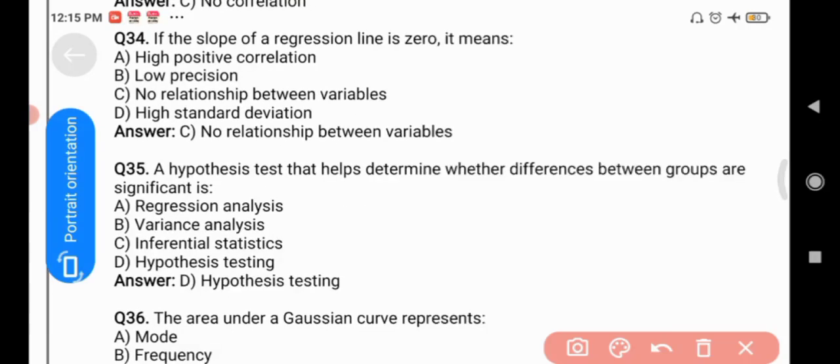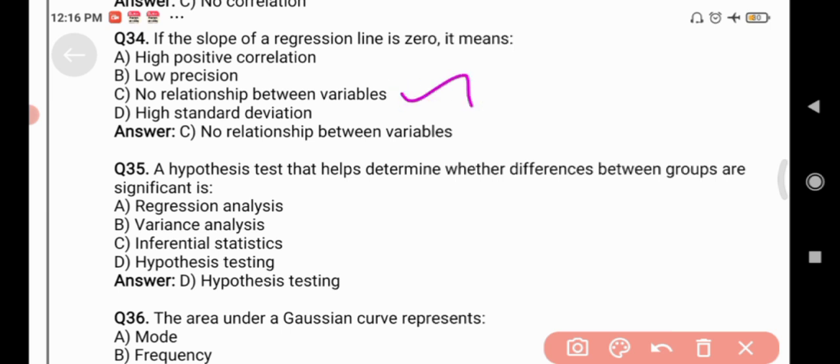If the slope of a regression line is 0, it means option C, no relationship between variables. A hypothesis test that helps determine whether differences between groups are significant is option D, hypothesis testing.